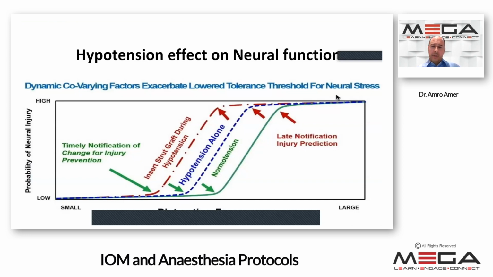If there is only a hypotension effect, I can see a decrease in my signal. But if the patient is already myelopathic, the change will be huge. Sometimes you say, okay, I only went down by 15. It was 80, and now I'm 65. For him it's not much, but he's myelopathic, so we've seen a huge drop.